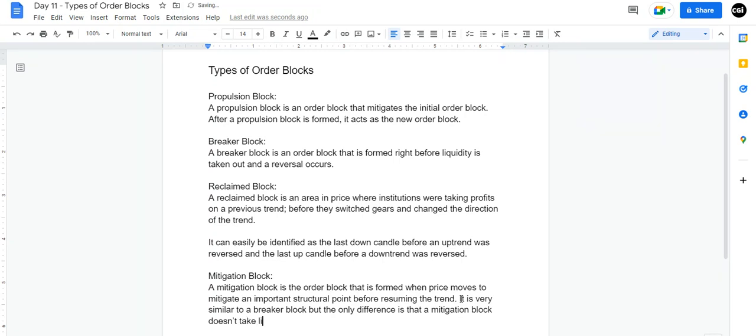It doesn't take liquidity, but mitigates structure. Right? So that is the mitigation block. So how does it look?